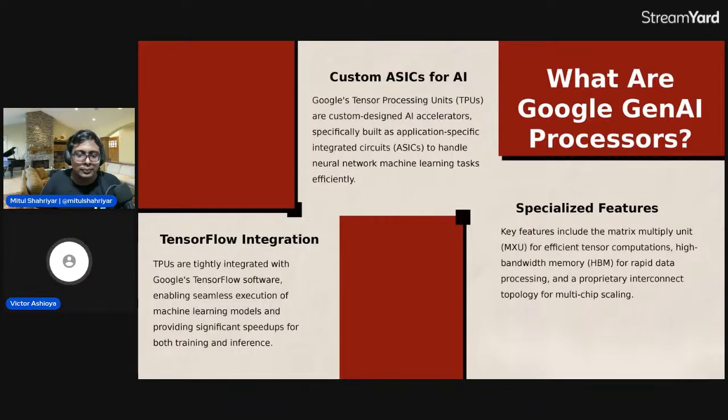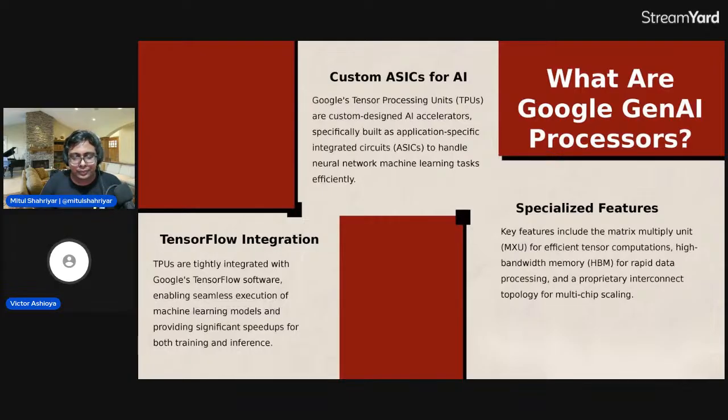So Google's tensor processing units are custom designed AI accelerators, specifically built as application-specific integrated circuits to handle neural network machine learning tasks. So they're basically ICs, right? Someone who has done electrical and electronics engineering will tell you that they're basically piles of ICs stacked together, and then we form what you call these processing units, whether it's GPU or TPU.